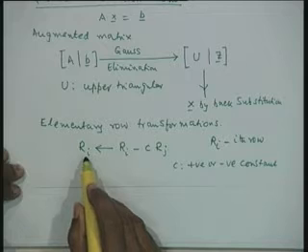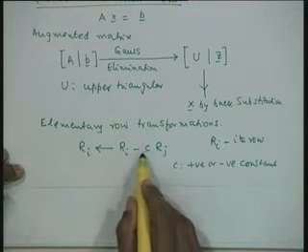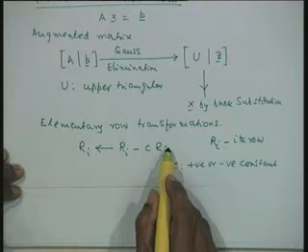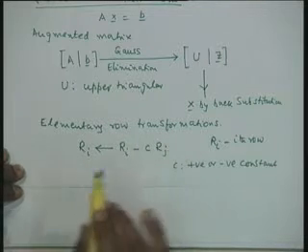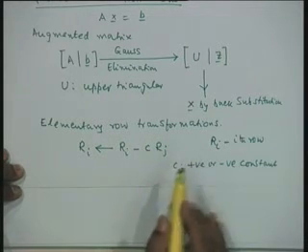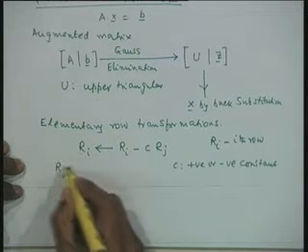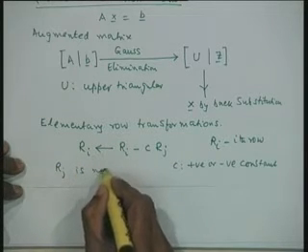From row Ri we are adding or subtracting a constant multiple C of Rj, another row, and this shall be called an elementary row transformation. Obviously, Rj is not changed, it is only Ri that is changing.